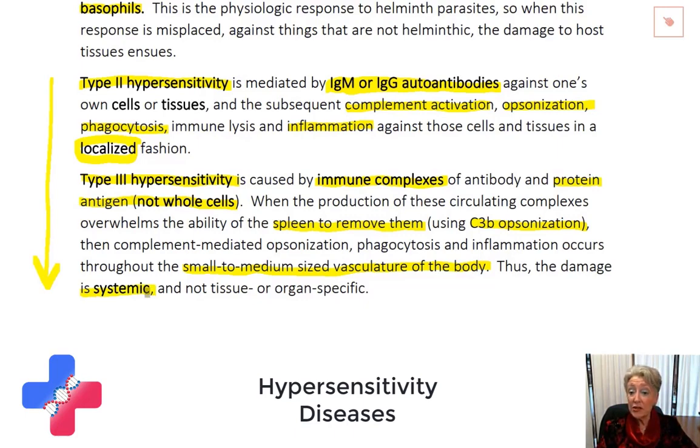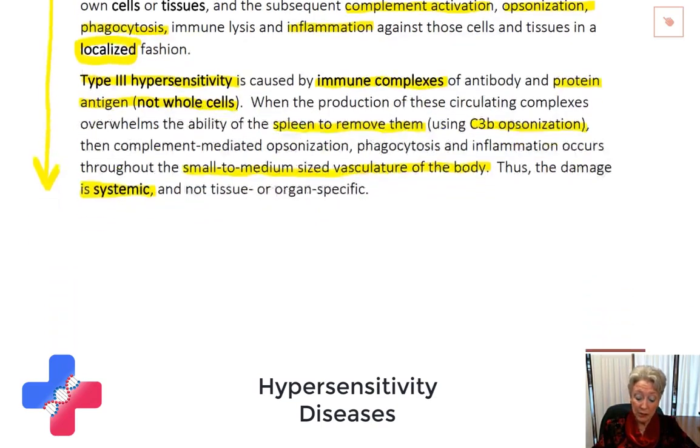So I'm going to see this as a system-wide problem, in spite of the fact that it's antibodies plus complement causing the problem, just as it was with type 2s. So realize this is not going to be a tissue or organ-specific damage. This is going to be everywhere, whereas the type 2s were very localized.